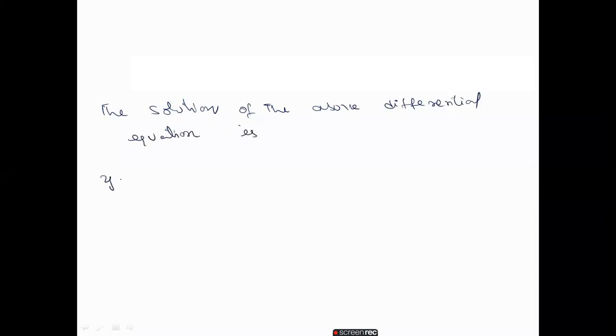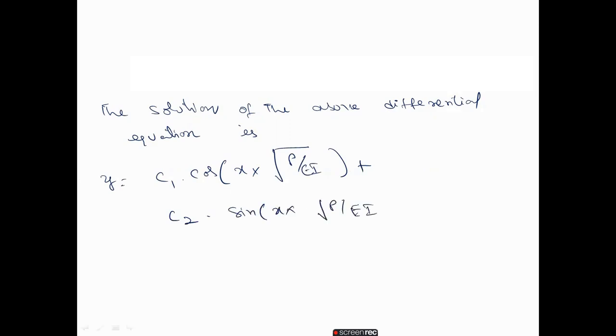The solution is y equal to c1 cos x into square root of P by EI plus c2 into sin x into square root of P by EI minus W by 2EI into x by P by EI. So like this we get the solution for the above equation.